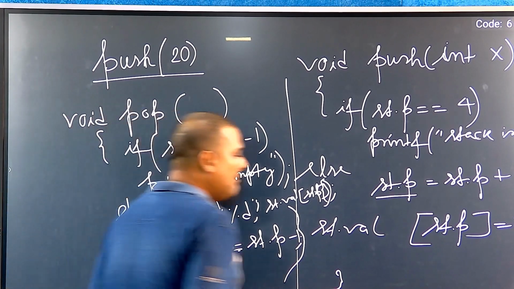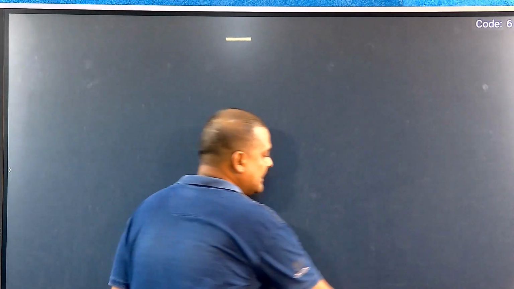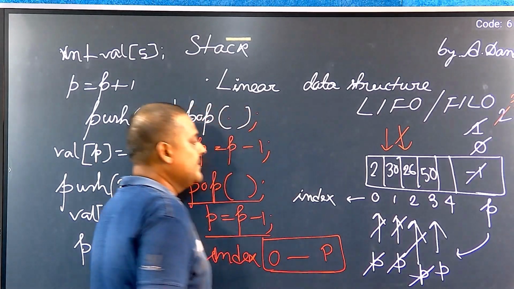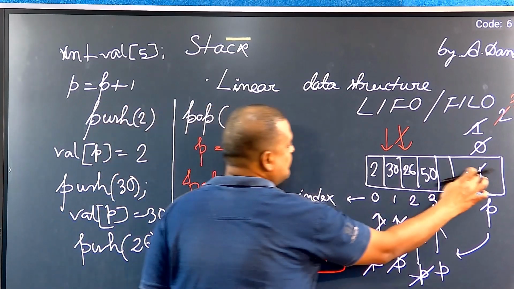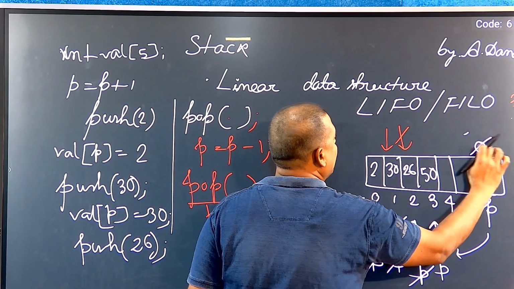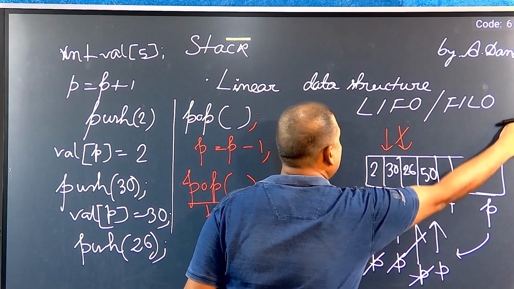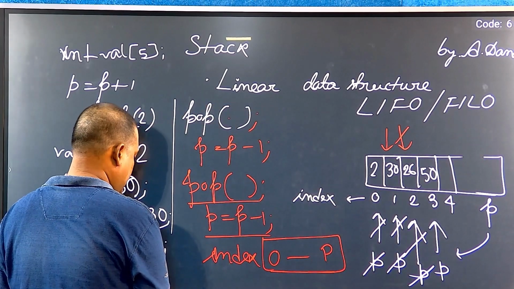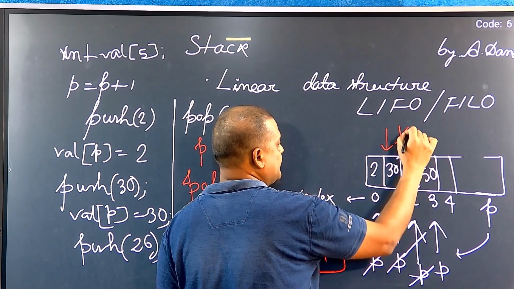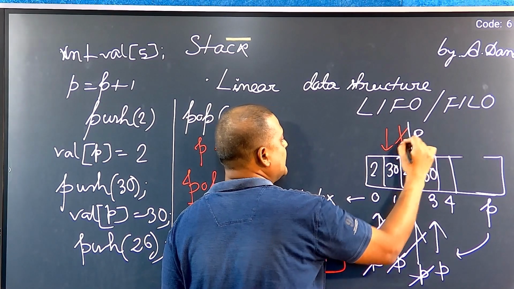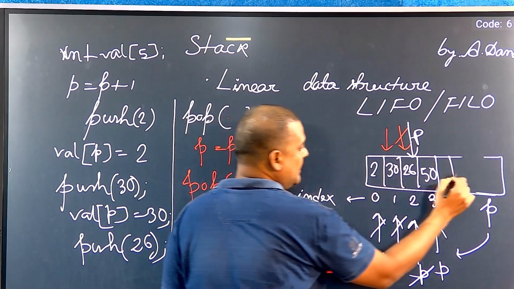Now, coming to our another function that is called the display function. Say for example, in this scenario when we have some elements and p is at this place, the value of p is 2.